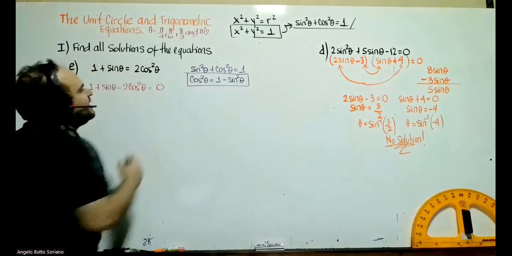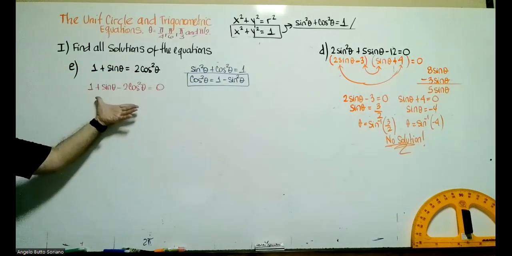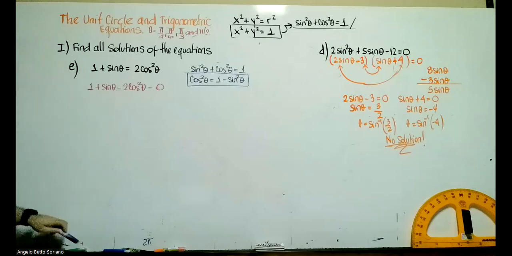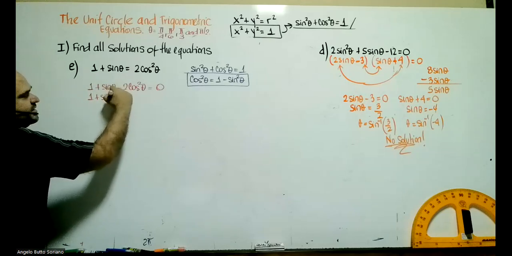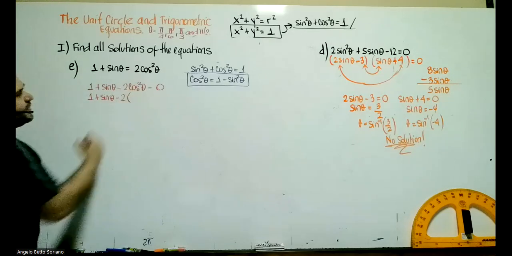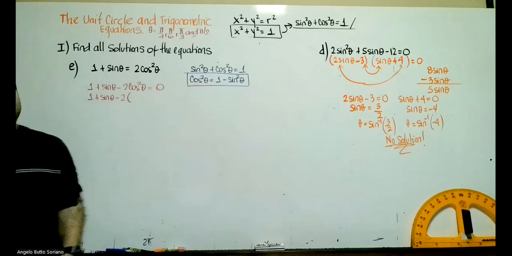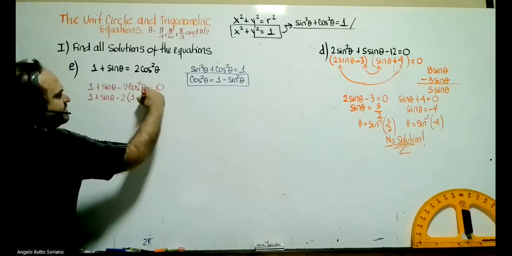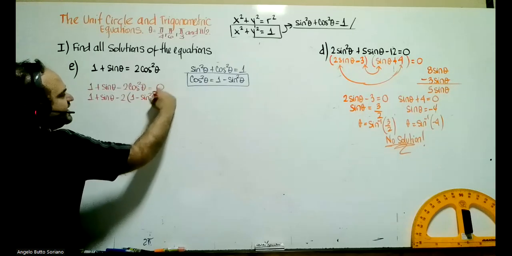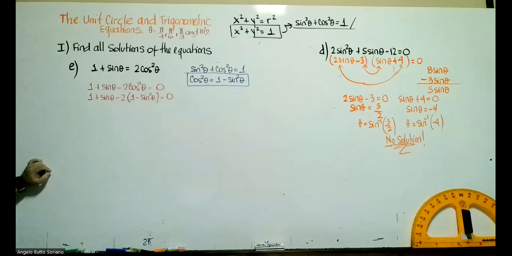Ooh, with this formula it will be easier for us to solve this equation, because we can copy 1 plus sine theta, negative 2, and open parentheses, and instead of writing cosine squared theta, we replace it with that trigonometric identity, I mean 1 minus sine squared theta, and the entire equation will be equal to 0.